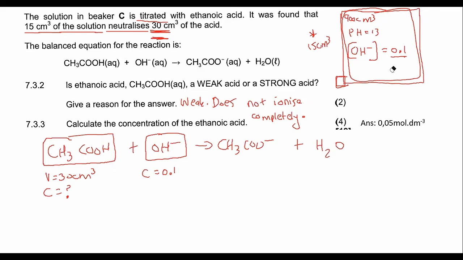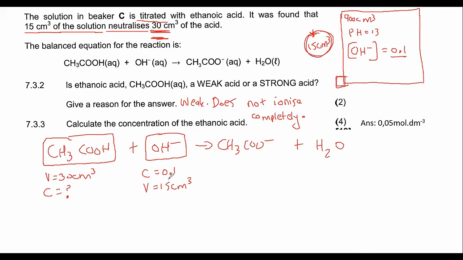It doesn't become stronger, sweeter, or more sour or more dilute. It's going to taste the same. So concentration is not going to change in this question. And then the volume is 15. And that is all that we need.